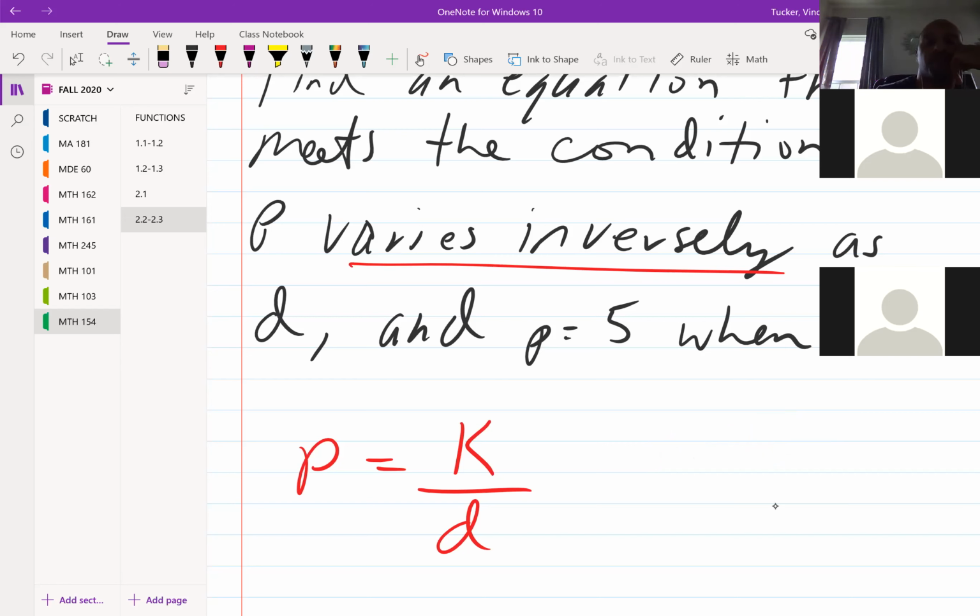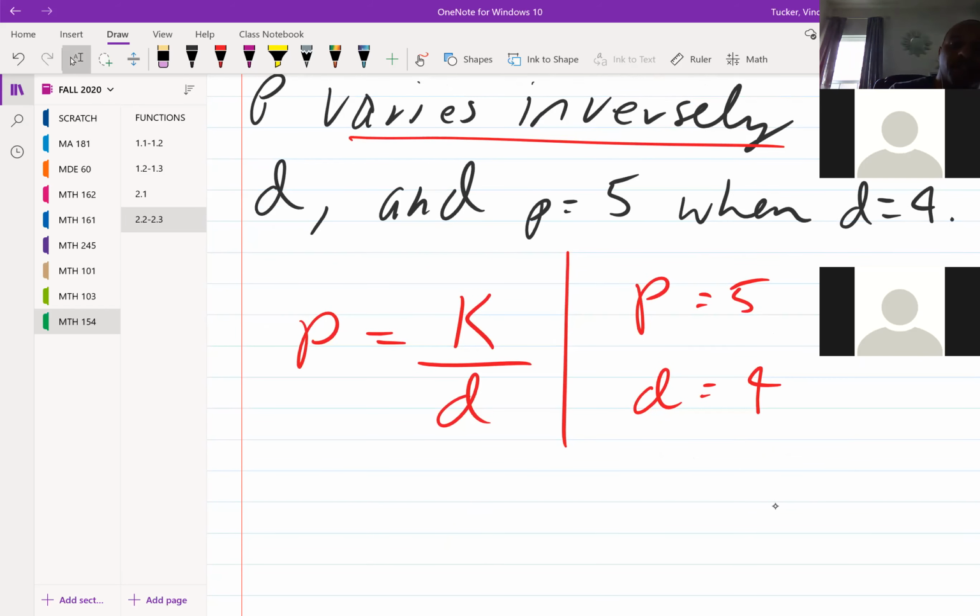All right. So we just want to find the equation. So what we need to do is find K. P is equal to 5. D is equal to 4. So I plug those values in accordingly.